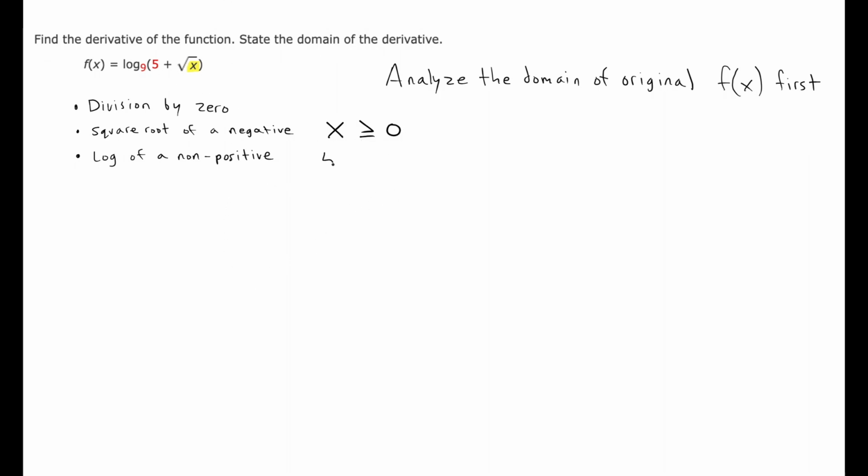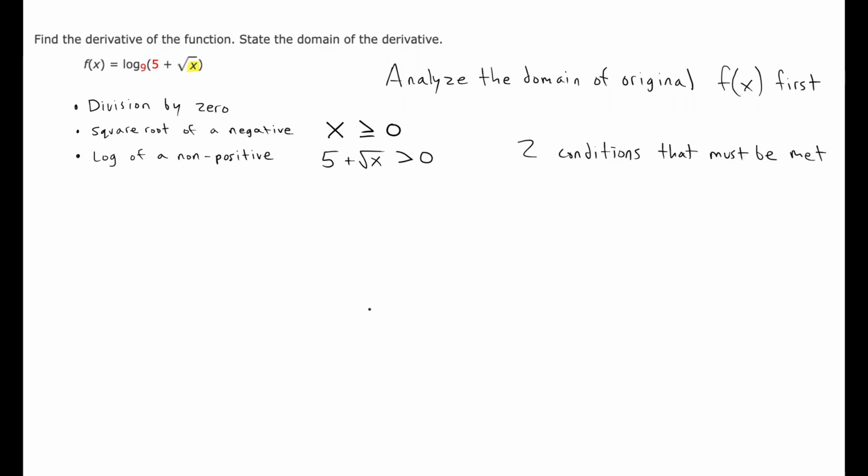Also, 5 plus radical x has to be greater than 0 so that we're not taking a log of a non-positive number. Those are the two conditions that must be met.